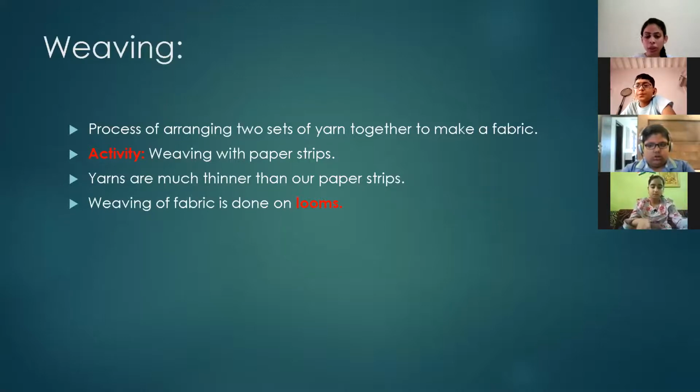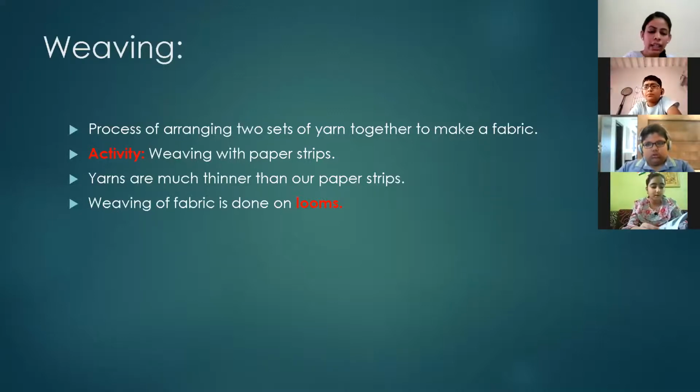So what you have to do is take two colored papers and fold them. I am reading how to do it. Take two sheets of paper of different colors, cut square pieces of length and width equal to 30 centimeter.